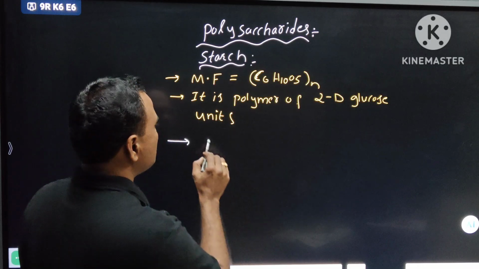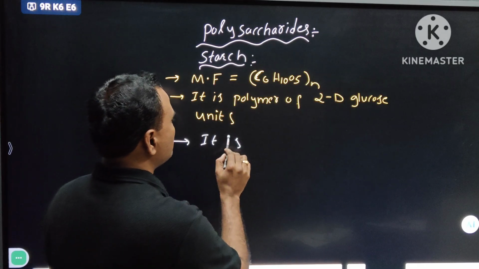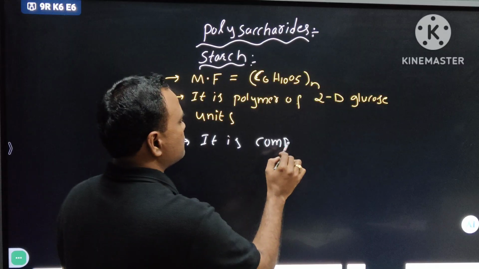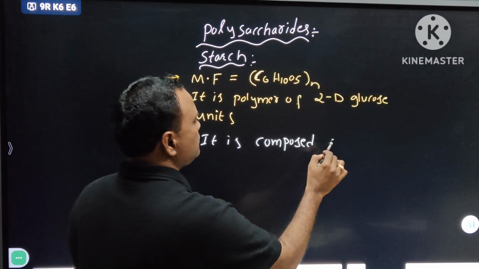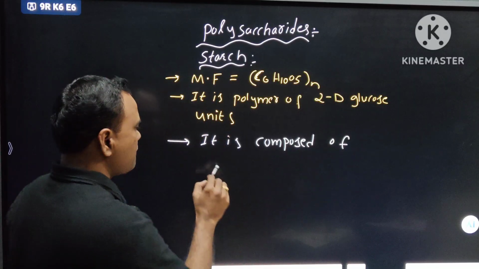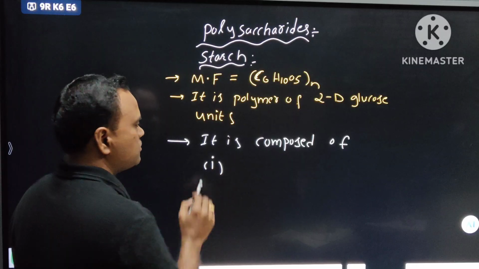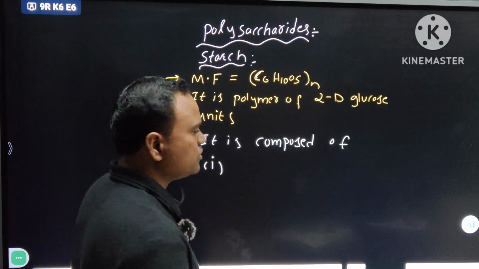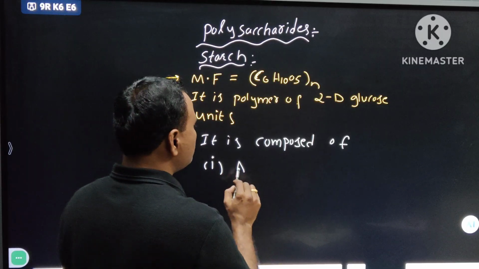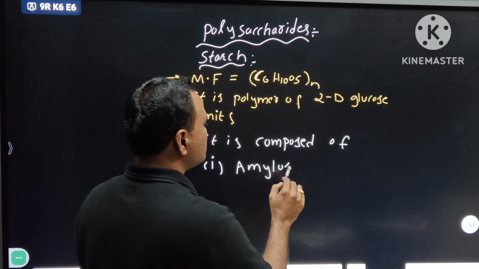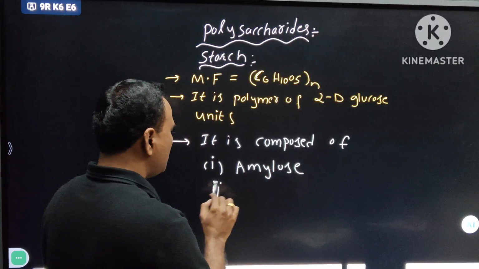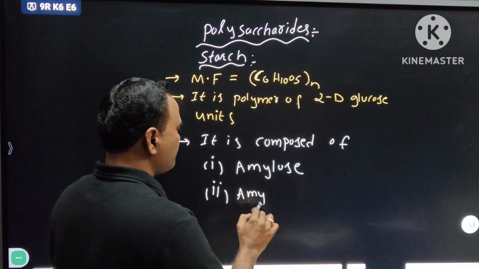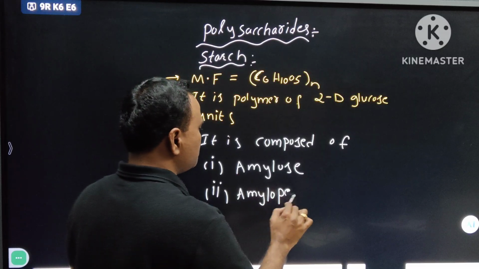It is composed of two polymeric chains or two polymers, amylose and the second one is amylopectin. Amylose and amylopectin.